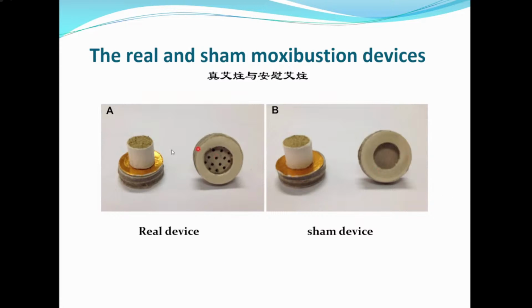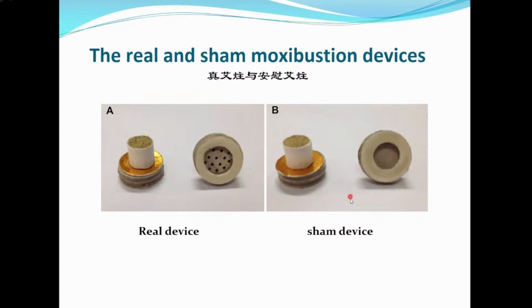Okay, you can see on the left side, the real moxa: when you stick it on the surface, the bottom of the moxa cone has a hole, so the heat will go through the hole to the points. But the placebo sham moxa is sealed, and at the bottom there's no hole, so the heat won't reach the acupuncture point.